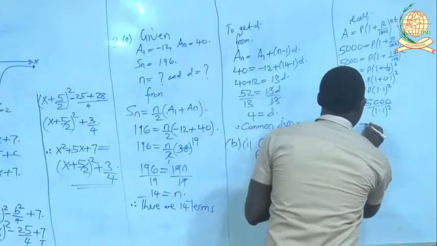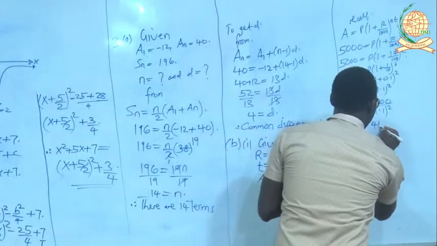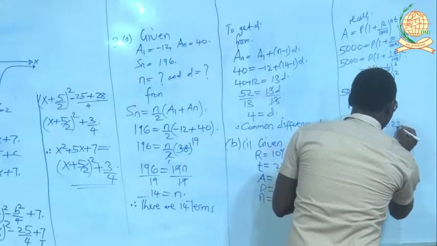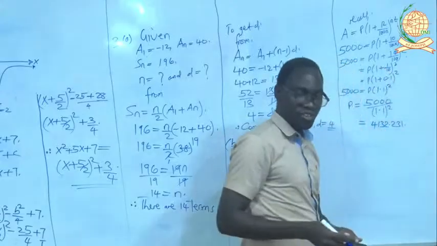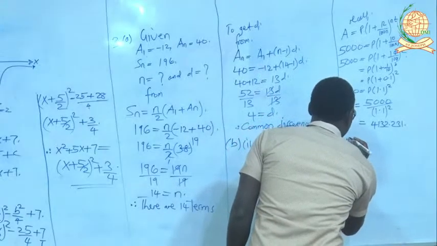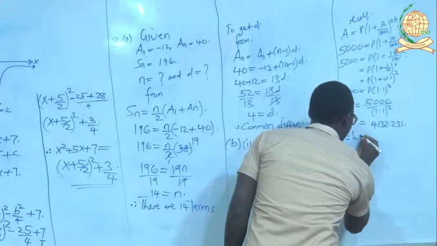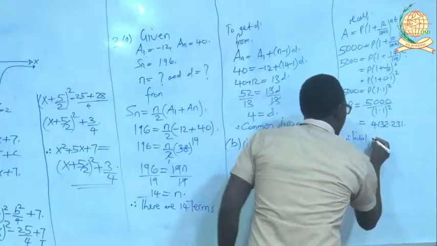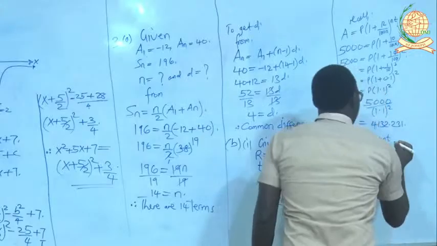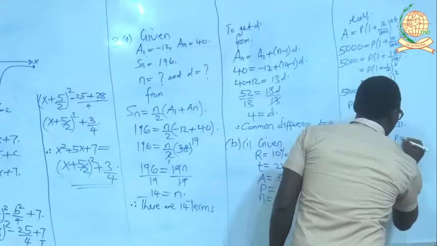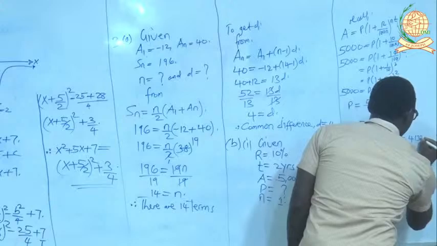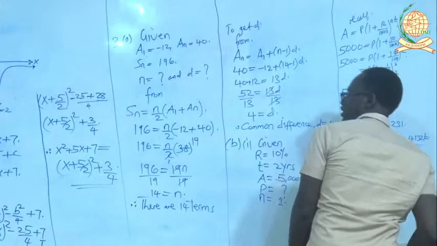You will get 4132.231. So the initial amount, or the principal amount P, will be approximated as 4132 shillings.